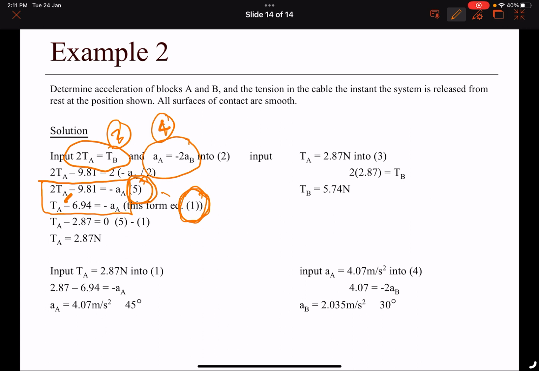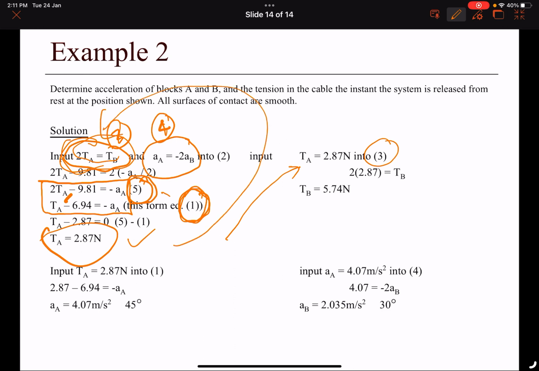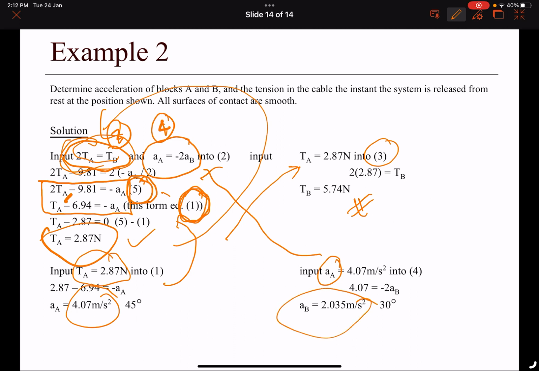Then you will get the TA, and you import TA into the third equation, and you will get TB. Then the TA again imported into 1, you will get the acceleration, and import A into the fourth equation, you will get the AB.